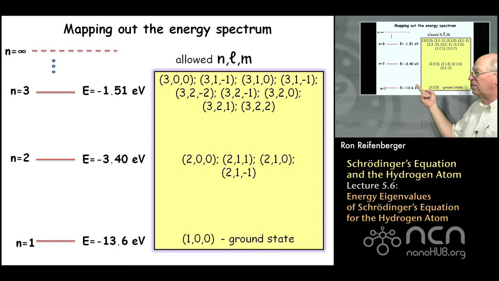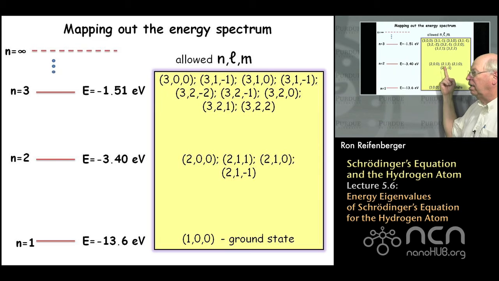The first excited state corresponds to the n equals 2 quantum number. When you put n equals 2 in the formula that I gave in the previous slide, you'll find this energy eigenvalue is at minus 3.4 eV. This again matches what Bohr predicted, but what Bohr did not predict were these other states that are possible.